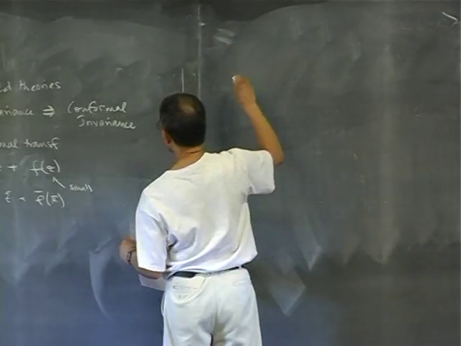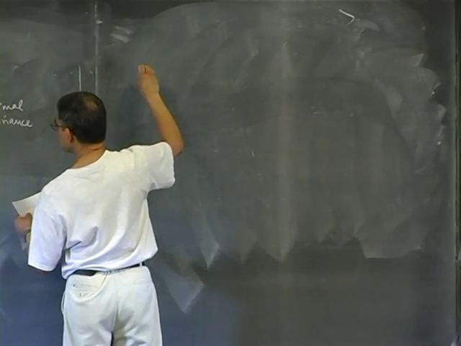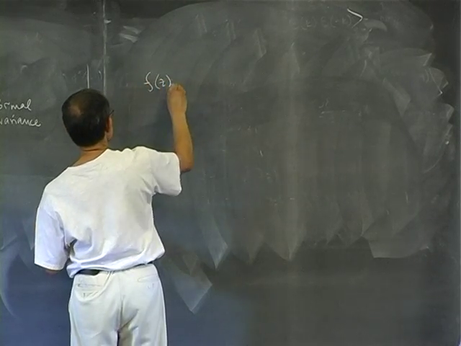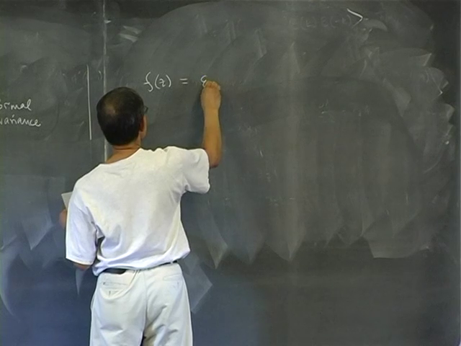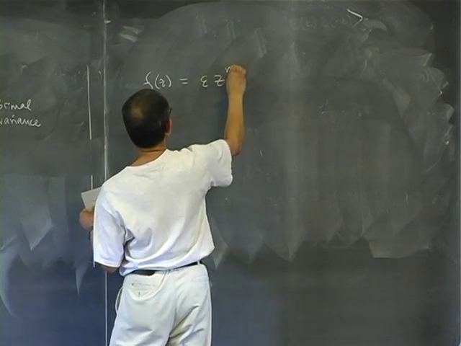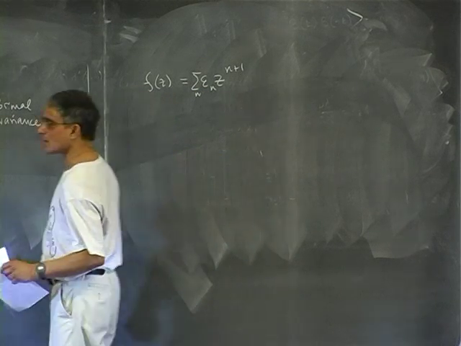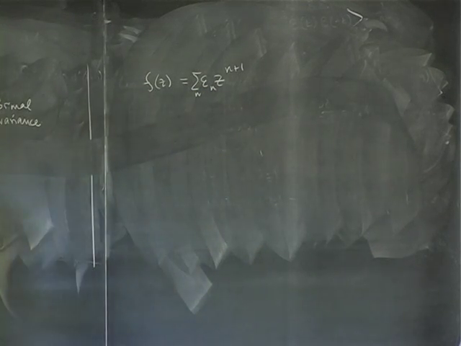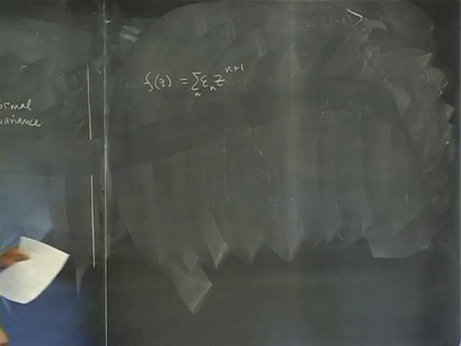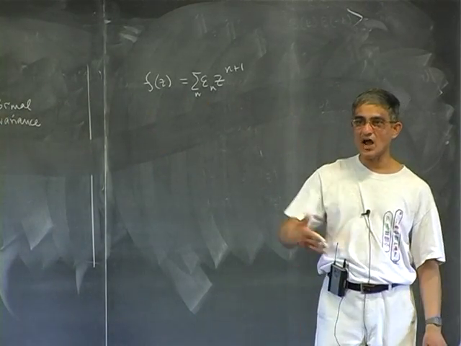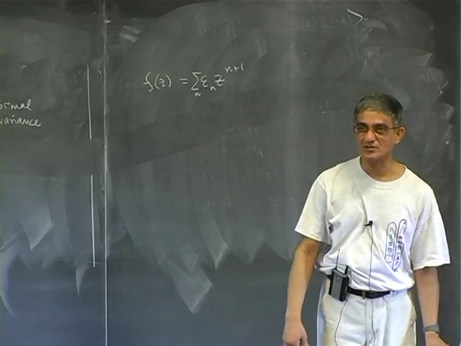So, I can write this as a small parameter times z to the n plus 1 and sum over n. n goes from minus infinity to plus infinity. This is the Laurent expansion of a function around some point.